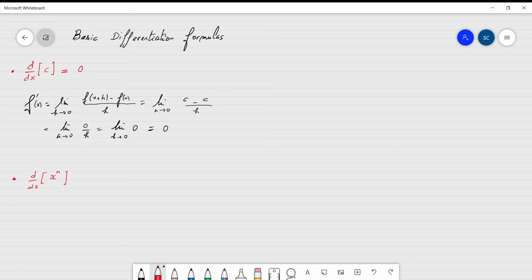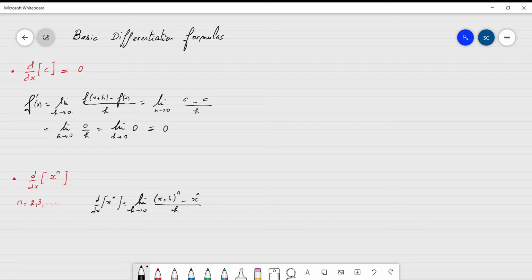Okay, so let's start first with n positive, taking the values 2, 3, etc. So by definition, the derivative will be the limit of f of x plus h, which gives us x plus h to the n, minus f of x, which is x to the n, over h as h approaches 0.